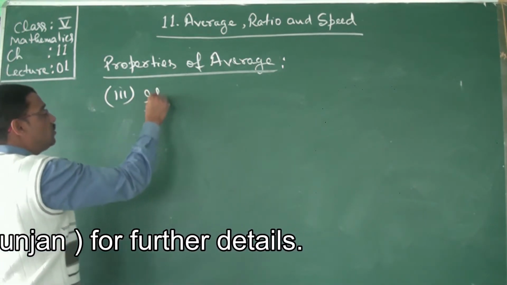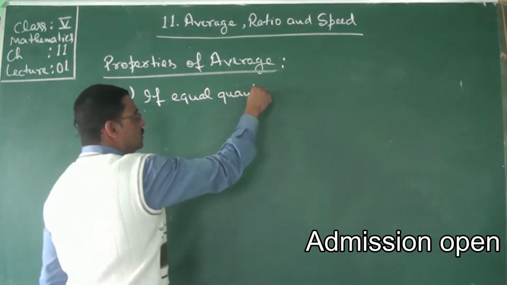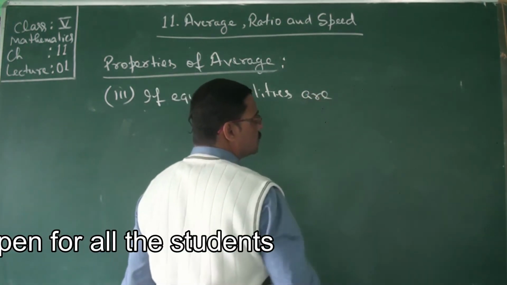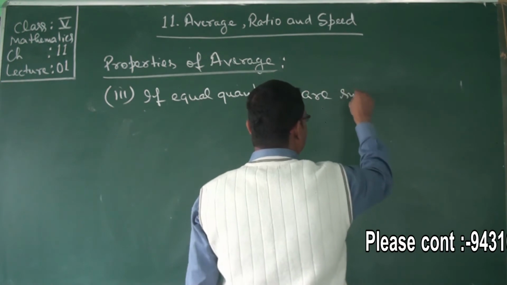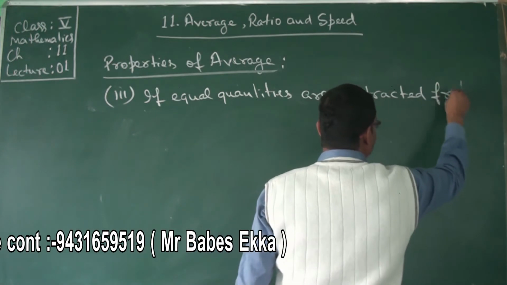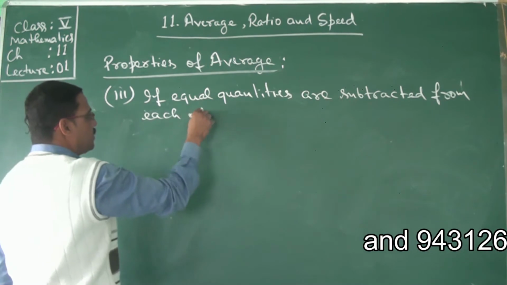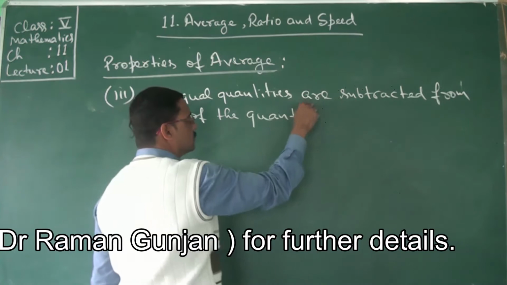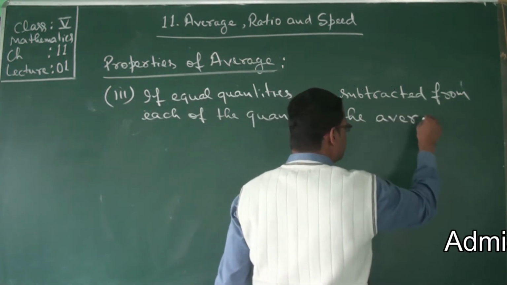If equal quantities are subtracted from each of the quantities, the average also will decrease.